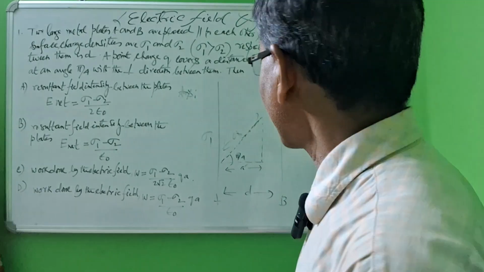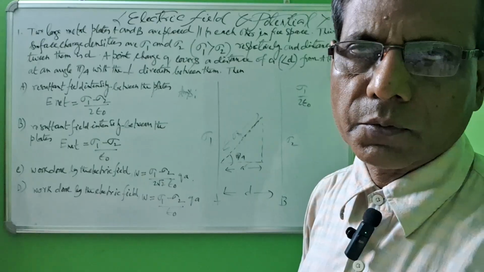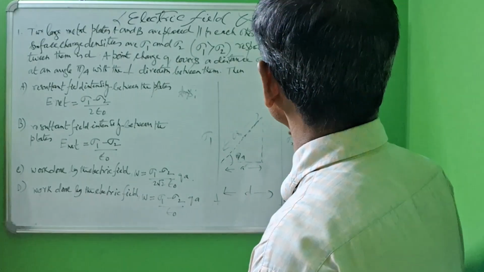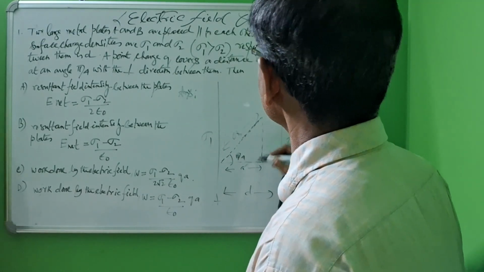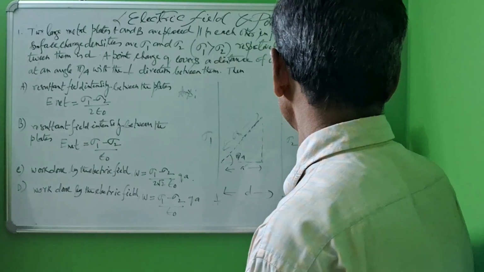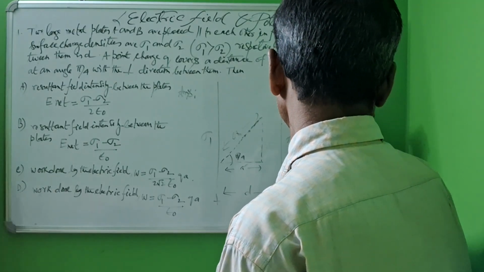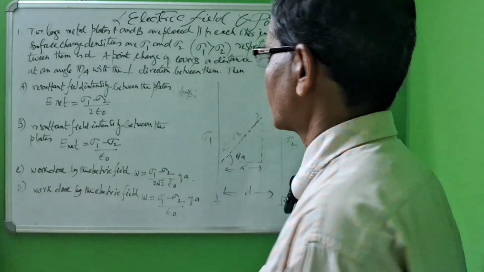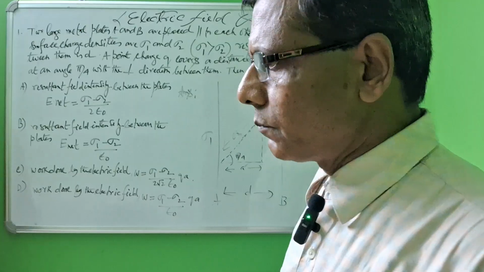And for this plate, it will be sigma 2 by twice epsilon naught.